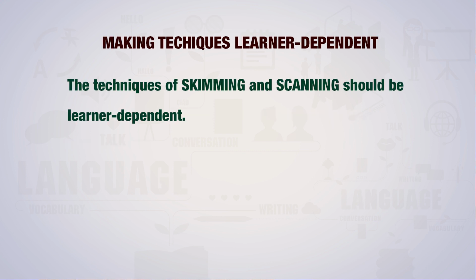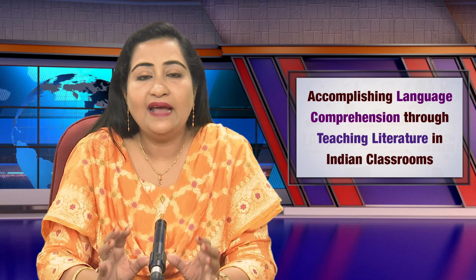So in this case, the techniques of skimming and scanning should be learner-centric and learner-dependent, and the reading skills must be developed on the basis of relevance for teaching. So any passage which is meant for intensive reading must be taught in that way, and that meant for extensive reading must be taught in that way.